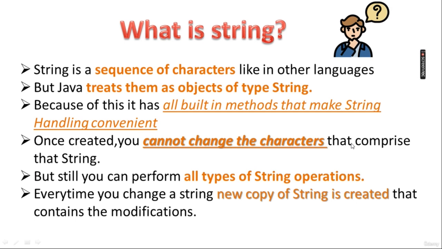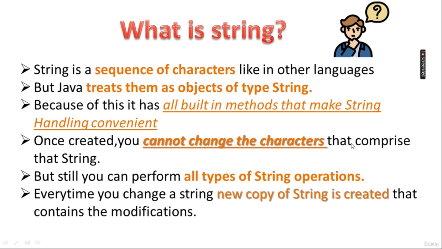Once created, you cannot change the string. Actually, you cannot change the characters that comprise the string, but still you can perform all types of string operations on that particular string object. Basically, if you are modifying the characters present in the string, what is actually happening behind the scenes is that the actual string object is not getting modified.